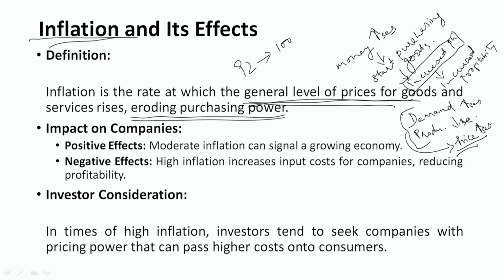The positive side is that a moderate inflation is considered to be a good thing when we talk about a growing economy. What is a growing economy? A growing economy refers to this, where the production capacity of the firms is more, and you can convert that into goods and give it to the consumers who require it. So moderate level of inflation is good.